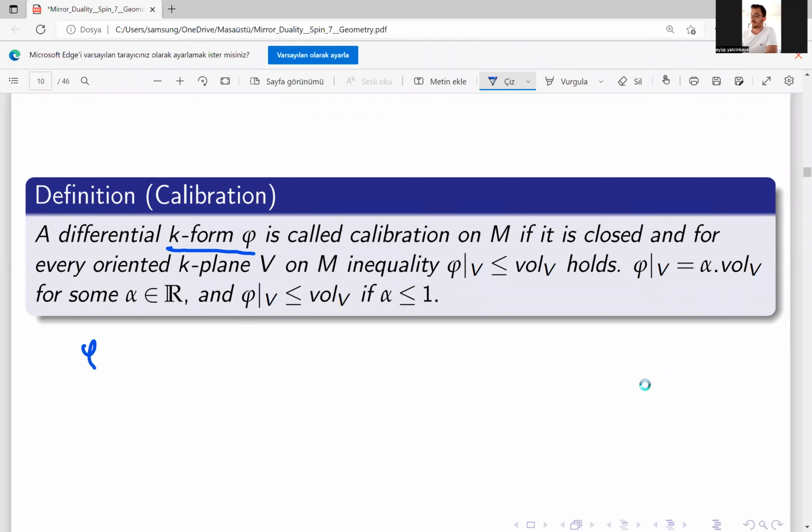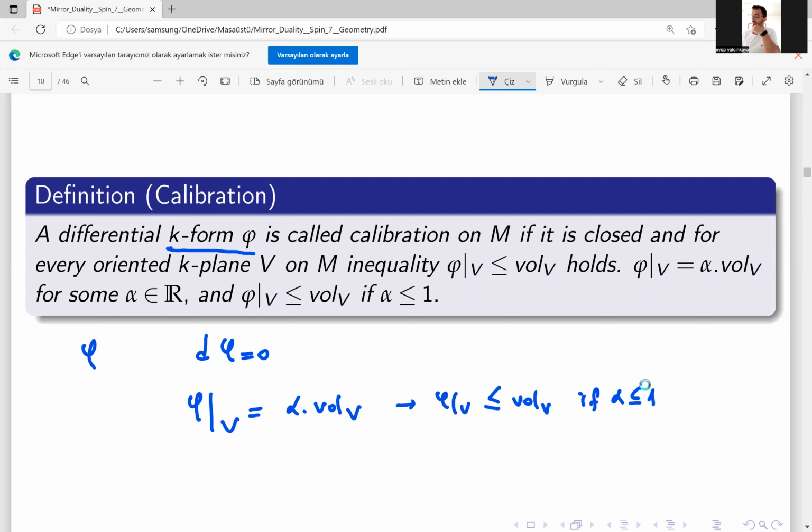If you have phi as a k-form, and if it's closed, d phi equals 0, and if you restrict phi to any k-plane V, and this restriction gives us alpha times volume V, so phi restricted to V is smaller than volume V if alpha is smaller than 1. This is named the calibration.